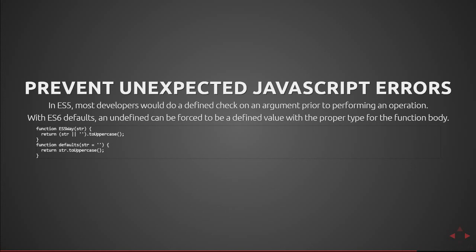If it's not defined, the or operation returns the second portion of that statement, which is the single quotes, an empty string. In ES6, I can provide a default with that empty string, and I no longer need the string or empty string notation. This is also helpful because somebody new to JavaScript probably doesn't know how an or operator works in that fashion. So that's pretty handy as well.